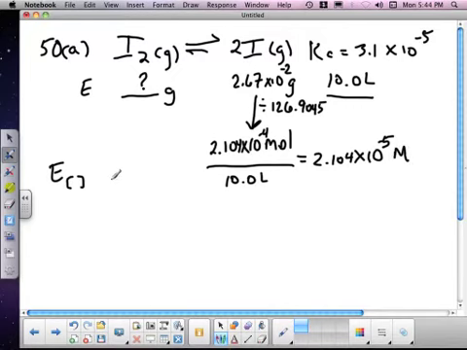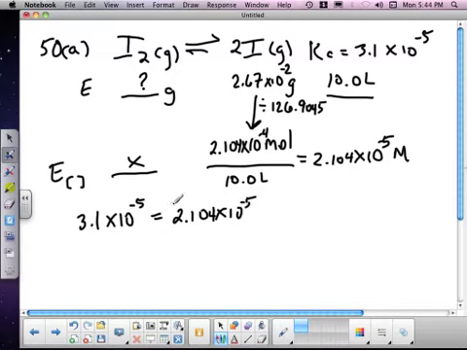All right? So Kc, 3.1 times 10 to the minus 5, is equal to 2.104 times 10 to the minus 5 squared over x. Okay?